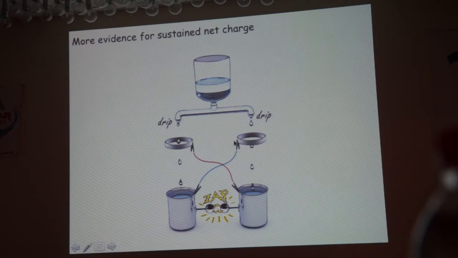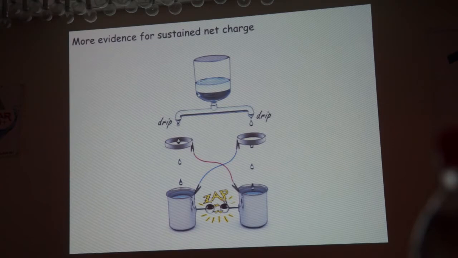As the drops fall through, one of them becomes negatively charged and one is positively charged. To get the electrical discharge that actually happens, you must have at least 10 or 20,000 volts between them. So this is one source of water that somehow is able to divide into plus and minus.